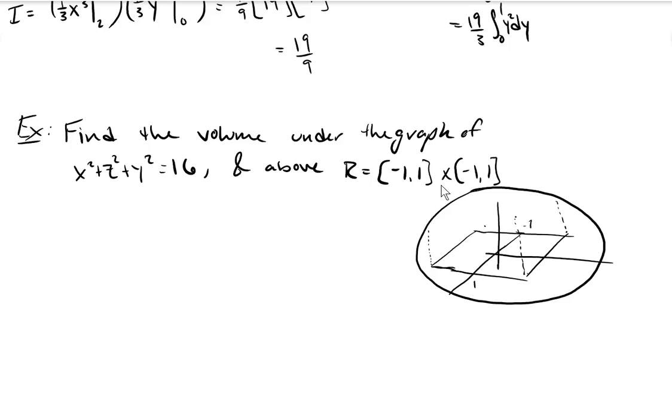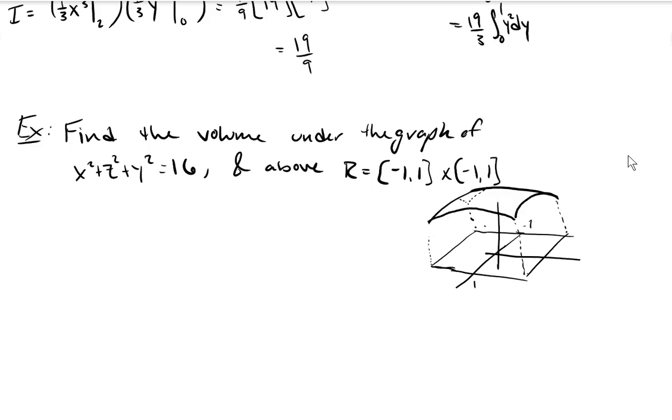So you're actually going to get this sort of weird volume that gets cut out of that. And then all this other stuff disappears. Now, this is not to scale by any means, but this gives you a sense of this solid object. We've got this kind of spherical cap over this rectangle R.